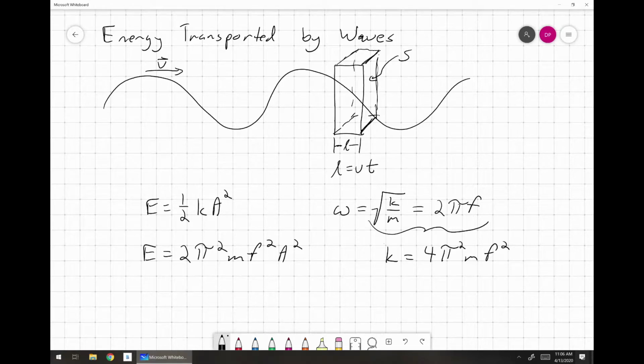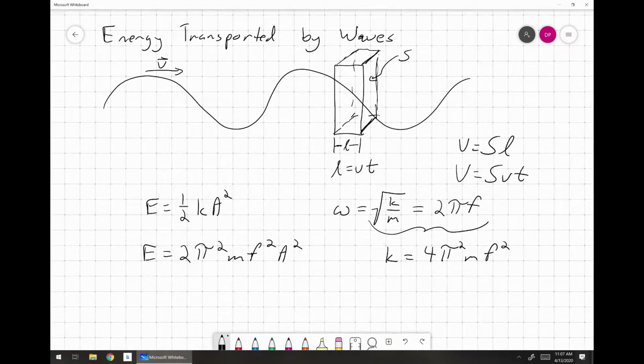So if we have some three-dimensional wave, say, traveling in an elastic medium, then the mass is, of course, just the density of the medium times some volume. And in this case, our volume is going to be this surface area times L, right? That's our volume, and we have some density rho. So we can also say that this volume is going to be the surface area, the speed of the wave, times time.